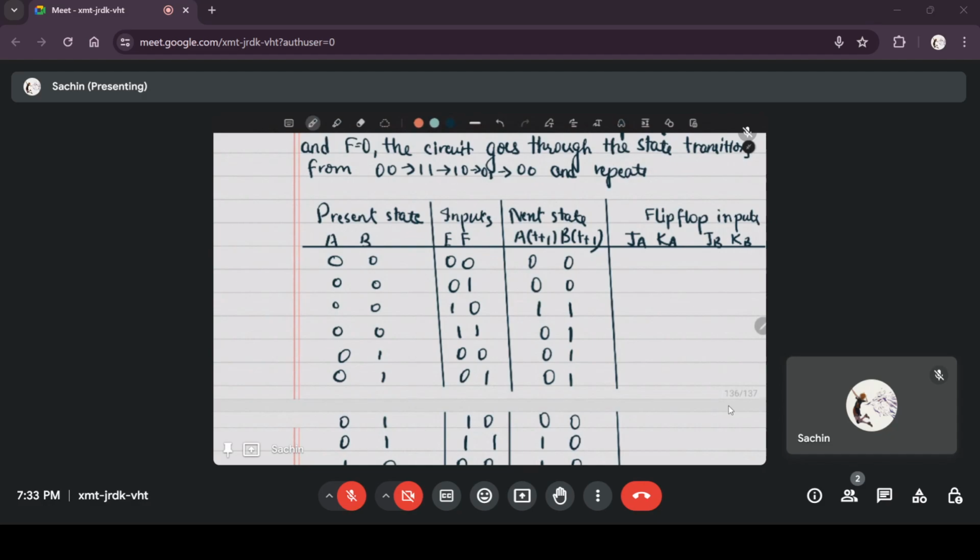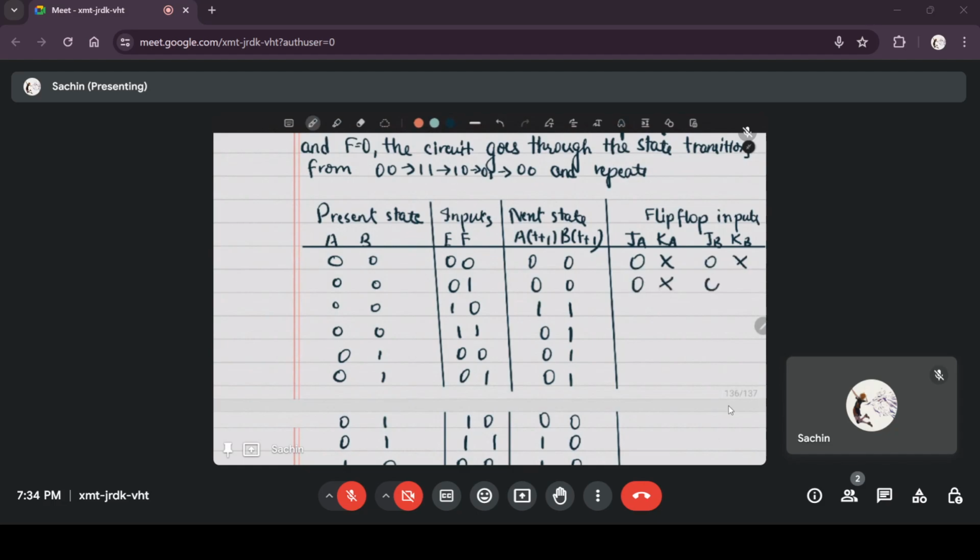Now using the excitation table of JK flip-flop, we can write the necessary inputs. So from 0 0 to go to 0 0, you can give 0 at JA, anything at KA, 0 0 or 0 1, both will work. So it's a don't care. That comes directly from the excitation table. Similarly for B, for it to go from 0 to 0, JB, KB can be 0x.